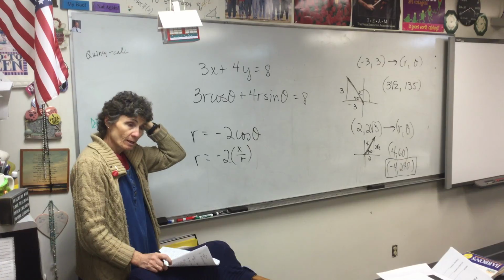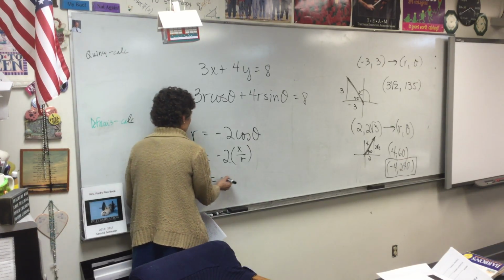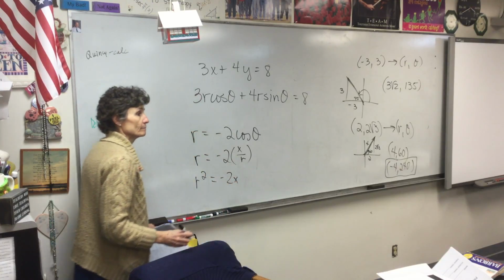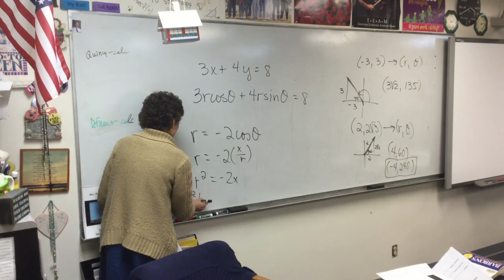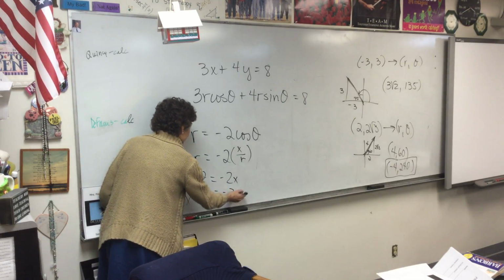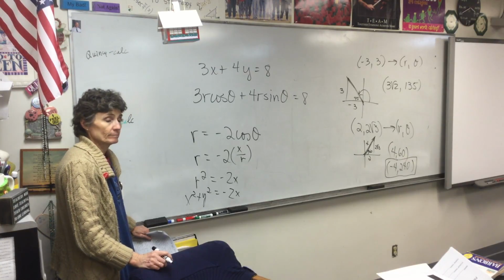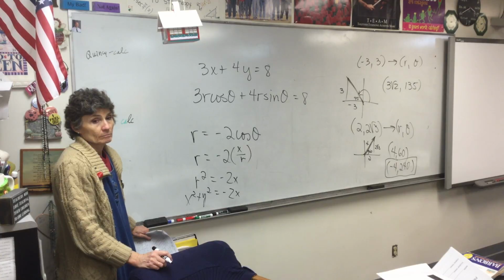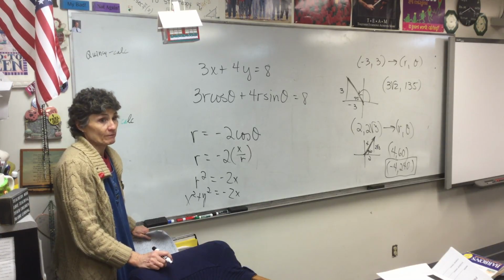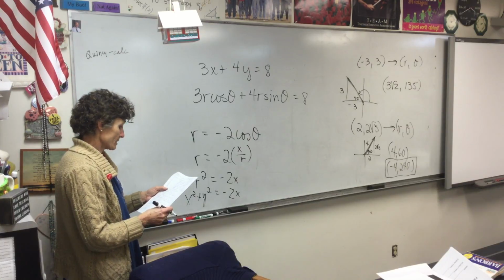Okay, now we'll clear the fraction, so r squared equals negative 2x. r squared is x squared plus y squared. And there's your equation. Look familiar? We've already done one exactly like that today. All right, so that's number 8.